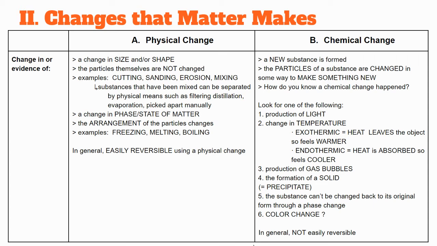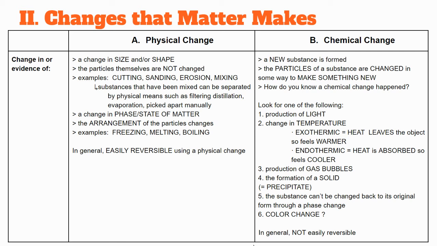So again, the changes in matter can either be physical changes, which are easily reversed by a physical change, and it's not a change in the chemical unit, whether it's an atom or a molecule, that's making that up.